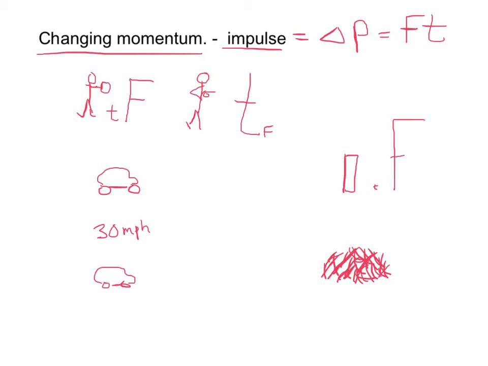Whereas in our haystack scenario, the car is slowed down over a much, much longer time. The change in momentum is still happening. It still goes from 30 miles an hour to zero. But because the time is so much bigger, the force is so much smaller. The impact is so much smaller.